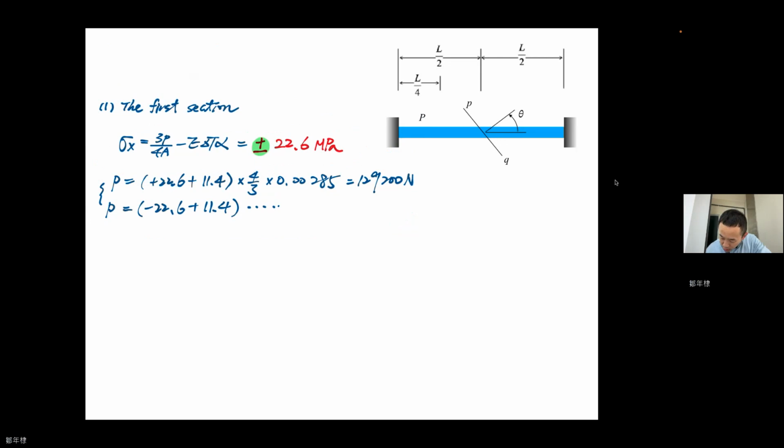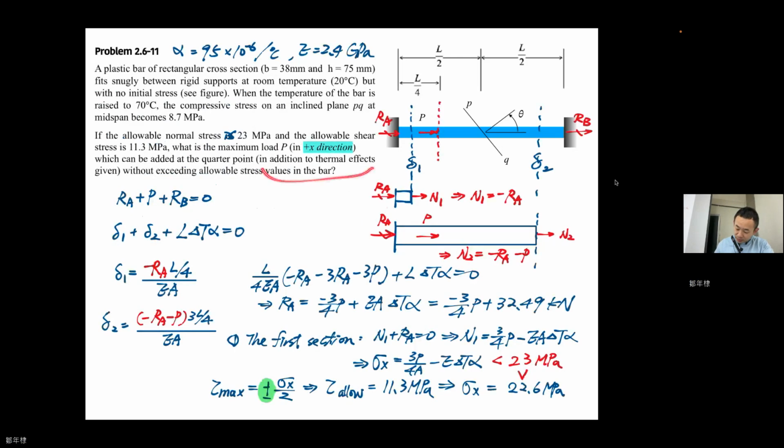Okay, and let me draw the problem again. Here. Okay, so why don't I need to calculate the second one? Because minus 22.6 plus 11.4 remains negative. So here, the P is negative, and which is not correct because the key said P is in positive x direction.